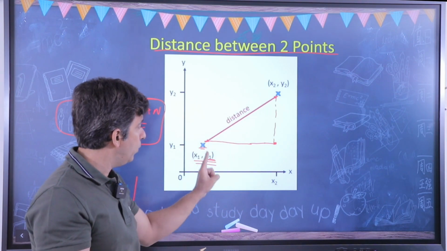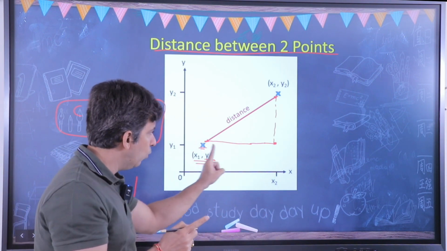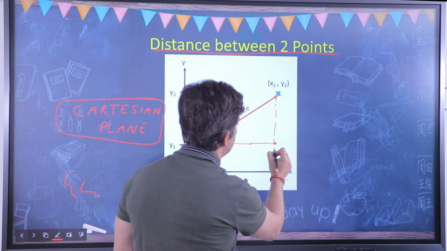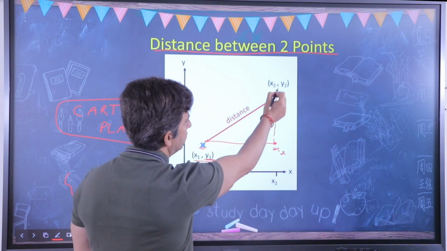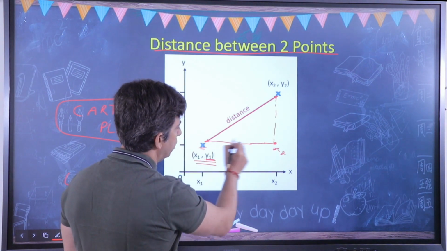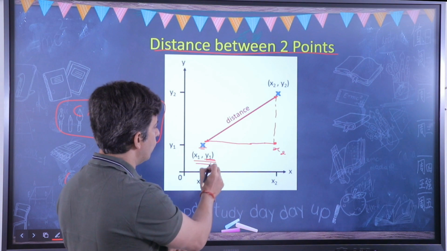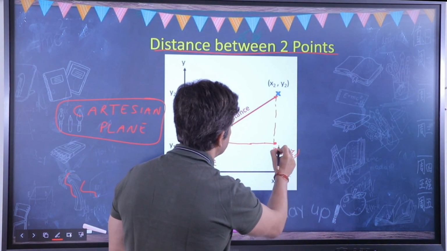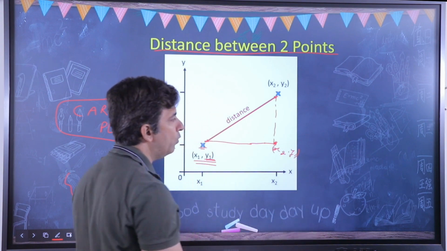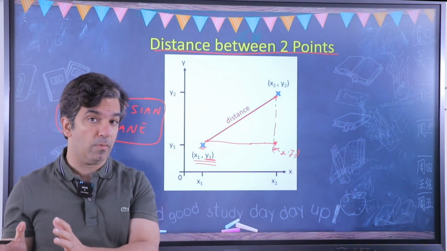Let us assume that on moving horizontally, I ultimately come just below this other point. Then the x coordinate would be the same as the x coordinate of this point, so it would become x2 from x1. The y coordinate stays the same, so this point would be x2, y1.